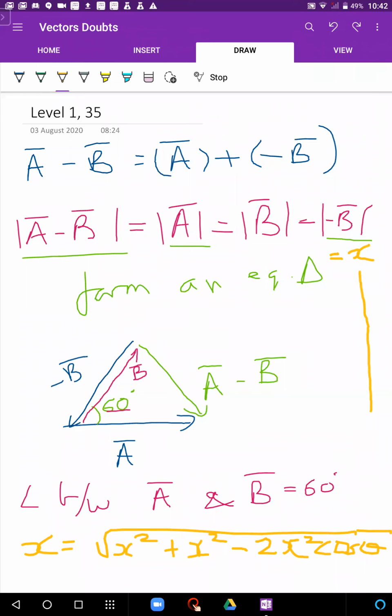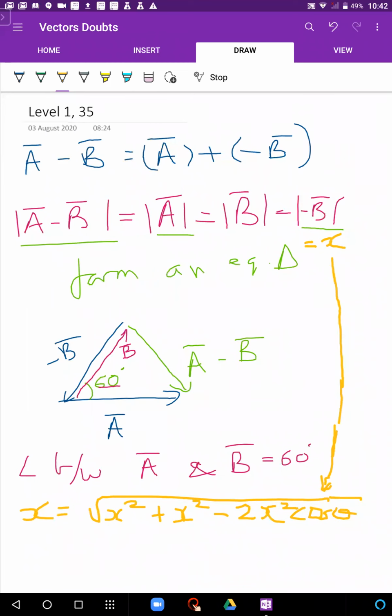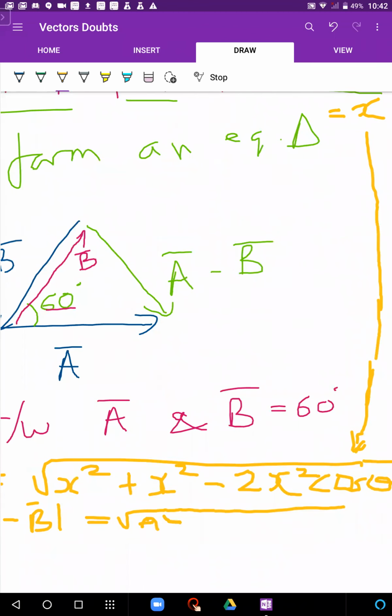So take every term as equal to x, and now what you can do is apply the formula. What I've applied here is the magnitude of a minus b, the magnitude of the difference, is root of a square plus b square, minus 2ab cos theta.